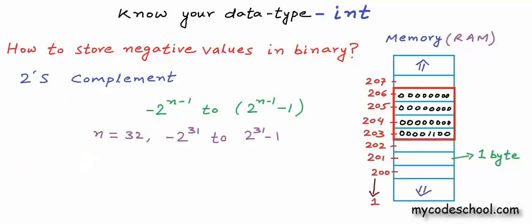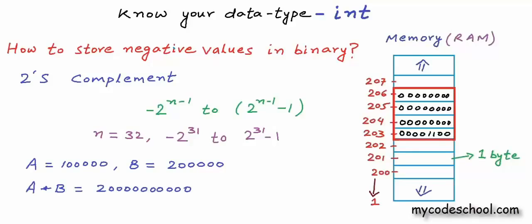Now with 32 bits we can have values from -2 to the power 31 to 2 to the power 31 minus 1. Albert was trying to multiply 100,000 and 200,000, and the product of these two numbers, which would be 2 into 10 to the power 10, is greater than the maximum value that we can store in 32 bits.